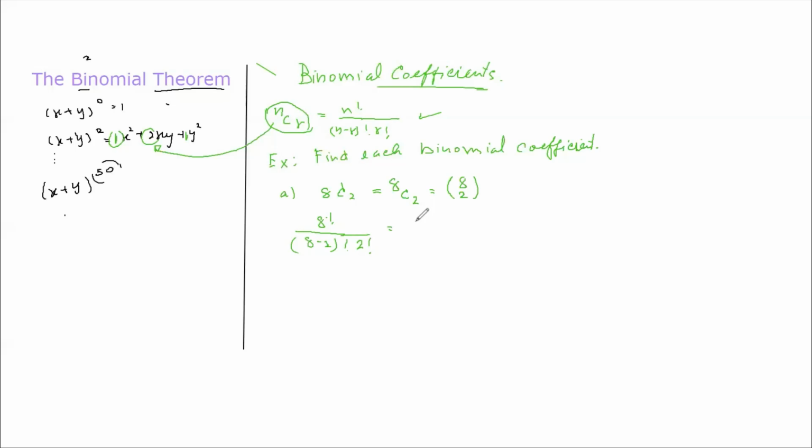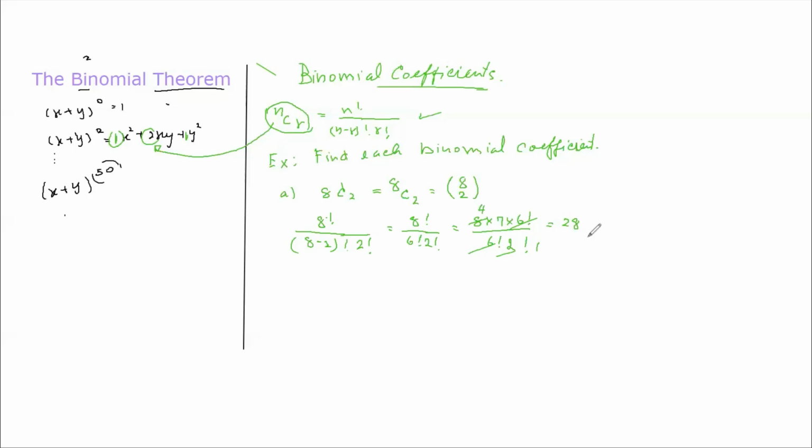So equal to 8 factorial over 6 factorial times 2 factorial. Then you simplify, or you can use calculators, okay? So it becomes 8 times 7 times 6 factorial over 6 factorial times 2 factorial. So 6 factorial cancels, 2 factorial means 2 times 1. So simplify, this one becomes 4 times 7, so equal to 28.